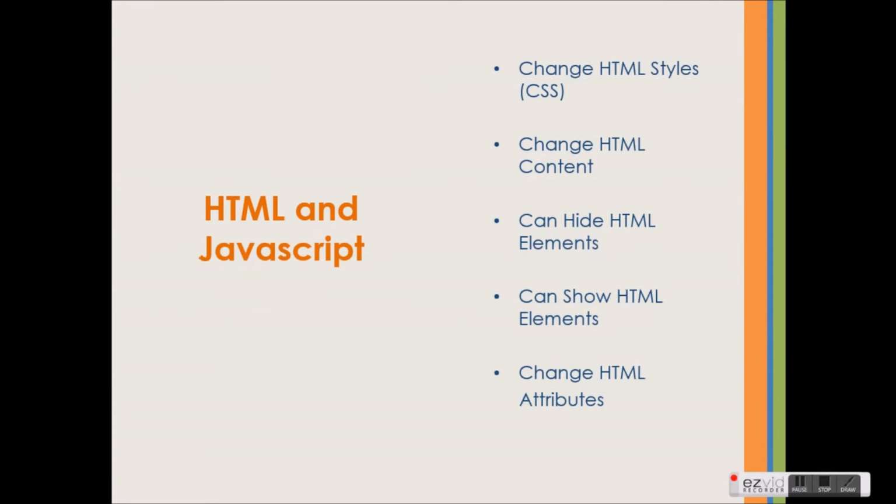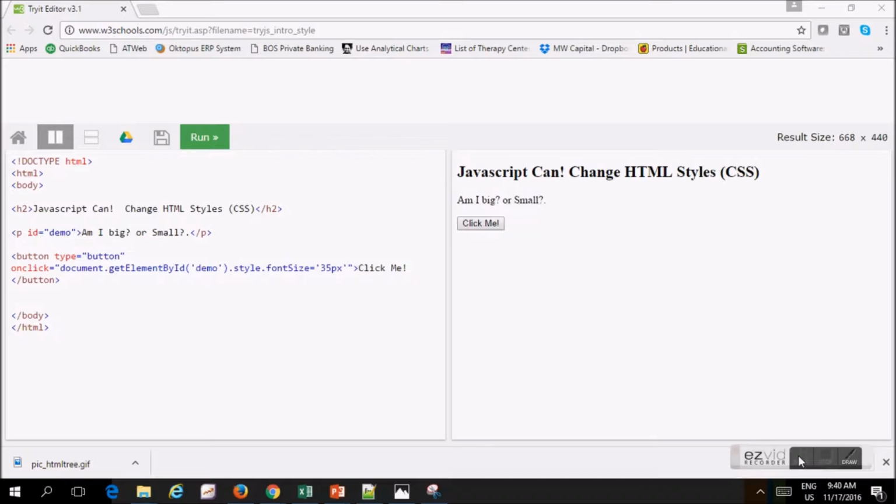So what does JavaScript do to HTML? First, JavaScript can change HTML styles or CSS. Using this example, we have a text in our HTML document that says, am I big or small?